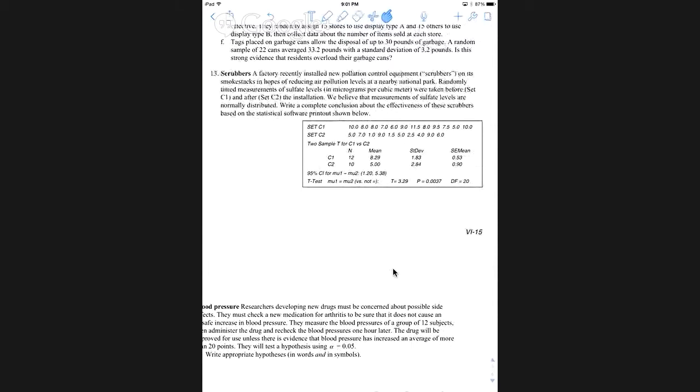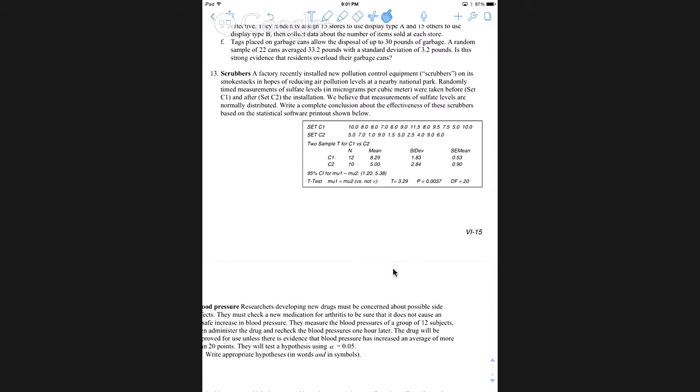A factory recently installed new pollution control equipment. You can keep reading while I drink some water. Randomly timed measurements of sulfate levels were taken before and after.